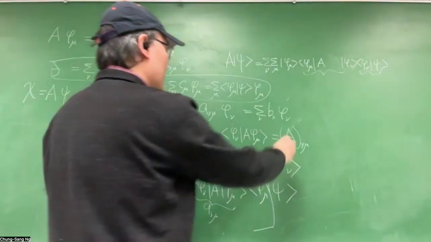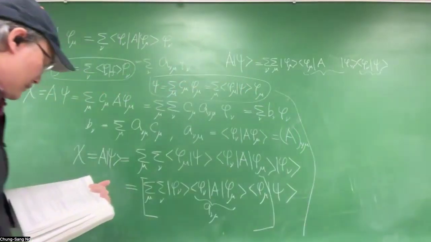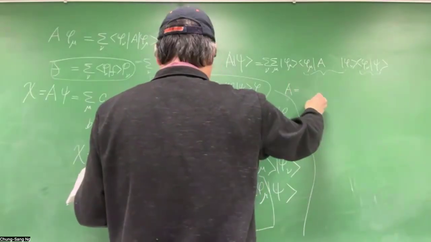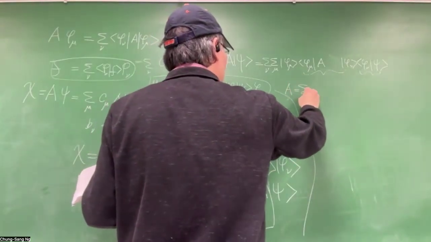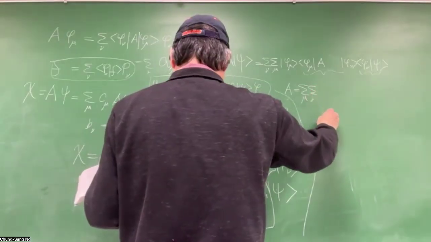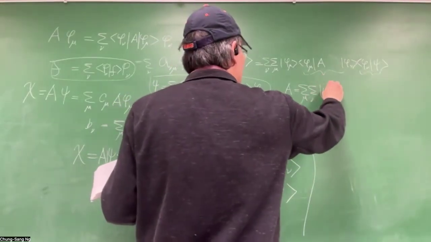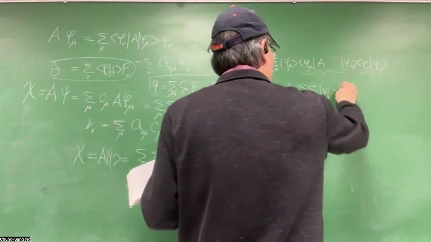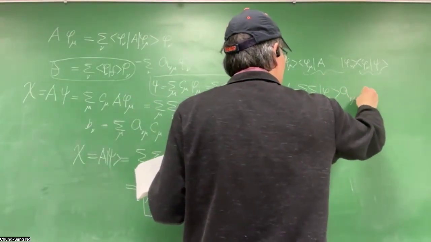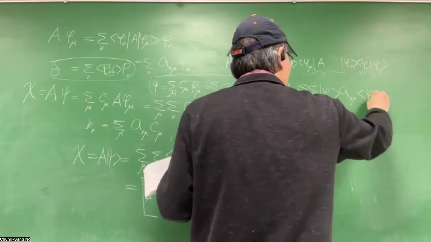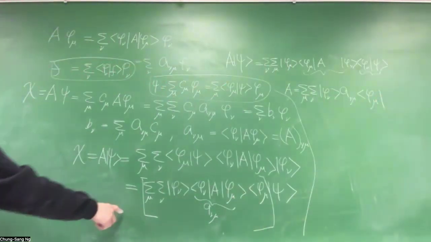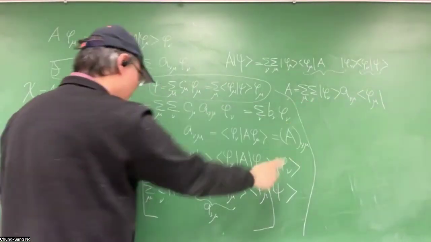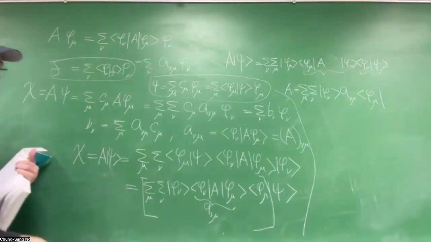So in that sense, you can see that A can be represented by a sum over mu and nu, of the element A mu nu, times ket mu, bra nu. A operating on that is this one, operating on that one.